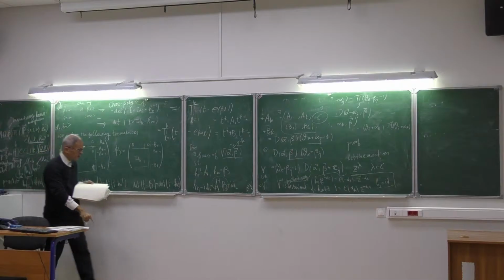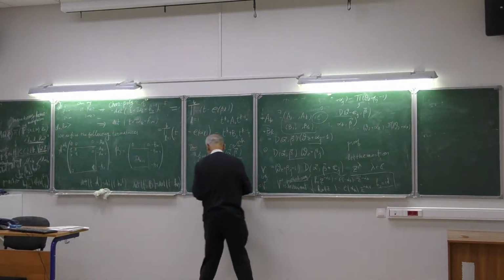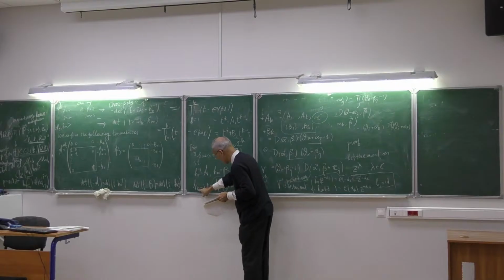From this you can get the monodromy around H1 and around z equals 1.